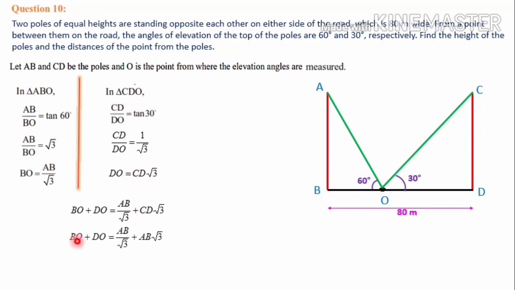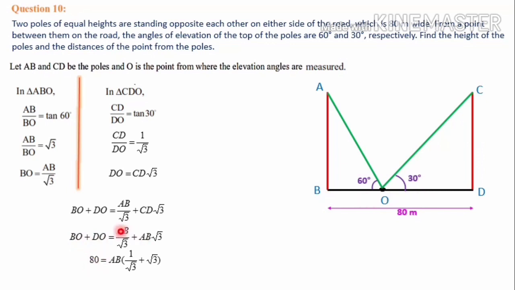That is BO plus DO is equal to AB by root 3 plus CD root 3, where CD is replaced by AB because it is given in the question that two poles of equal heights are standing opposite each other. So two poles of equal heights means AB's height and CD's height are the same. So here CD is substituted by AB. Then DO plus BO is 80 meter, from the diagram we can write.